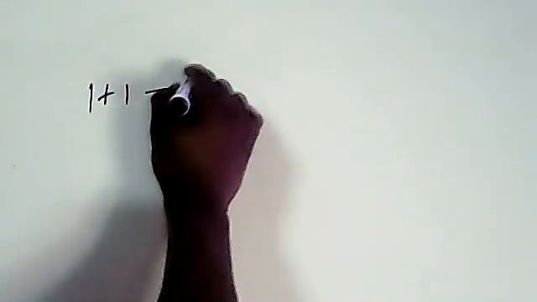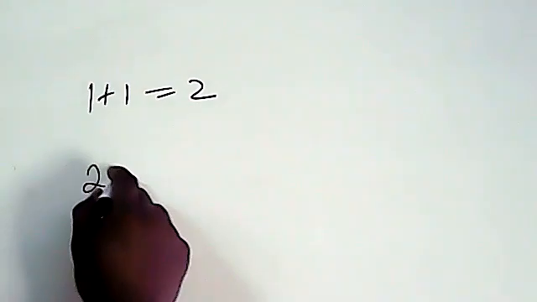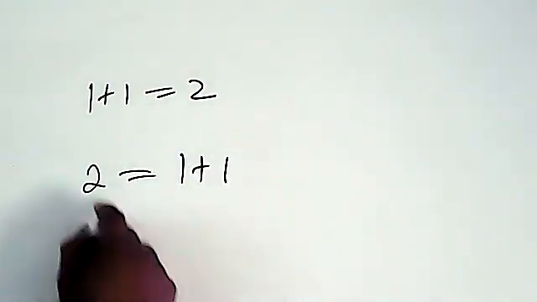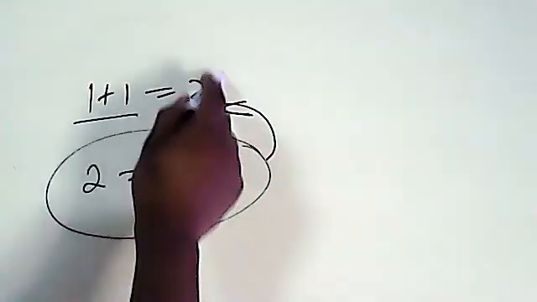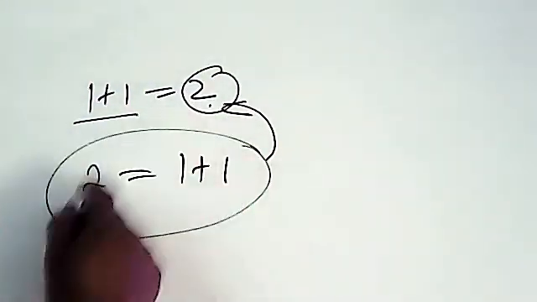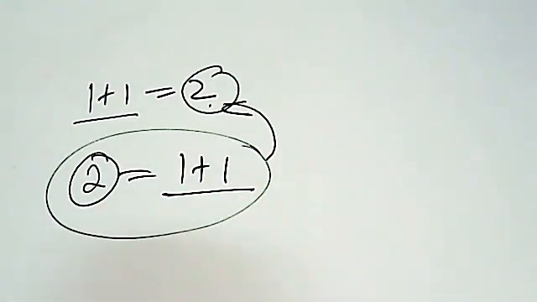And then you hear me most of the time saying converse. When I say converse, I simply mean the opposite. If I check that 1 plus 1 is equal to 2, and then I tell you that 2 is equal to 1 plus 1, this is the converse of this thing. It means that initially you had this, you got that the answer is this. Now you have this, now you can deduce that it's coming from there. So we are sort of going backwards.